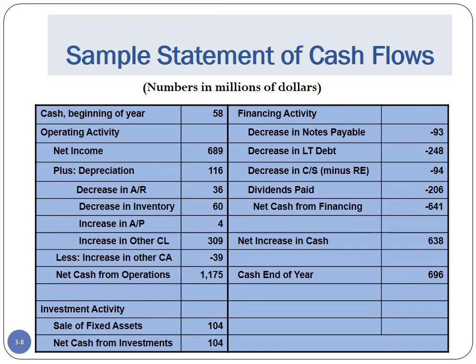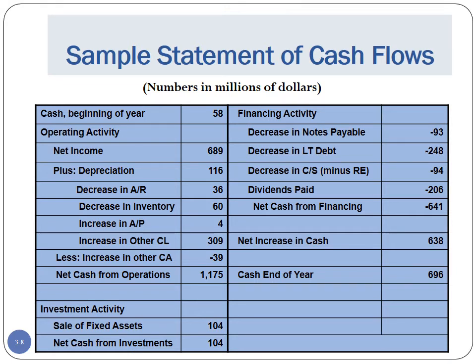Well, we had a huge net income, so we generated a lot of cash from operations, 1175. We had some investment activity, which was the sale of fixed assets. We had some net cash from investments. Maybe we had some bonds that paid us some interest. And then we paid off some notes payable, a decrease in long-term debt.